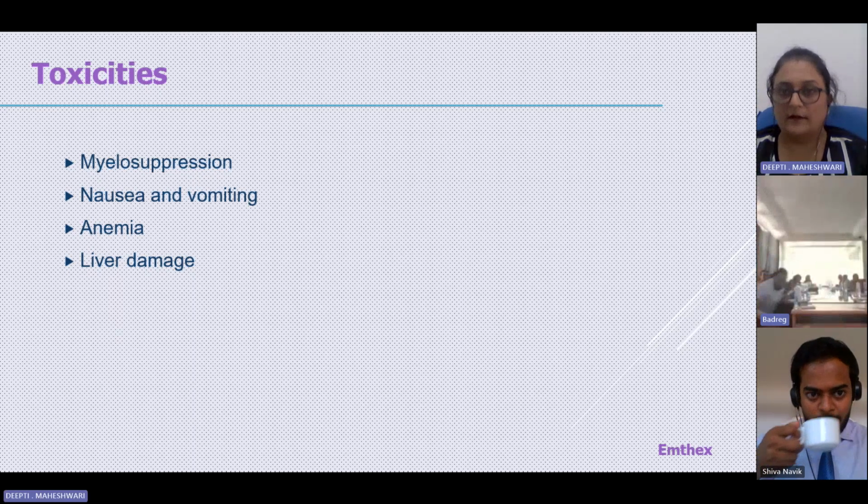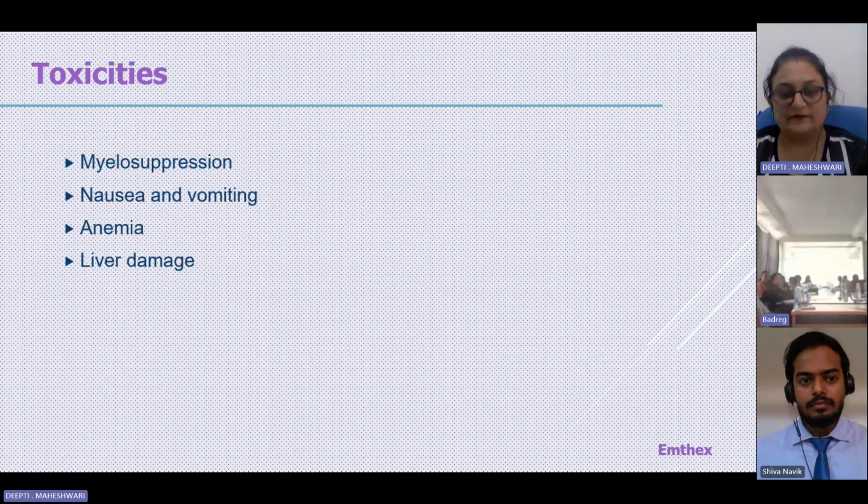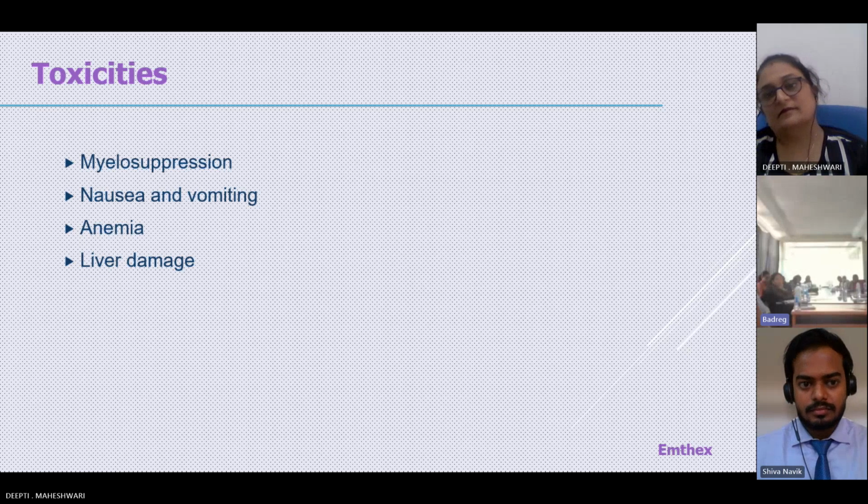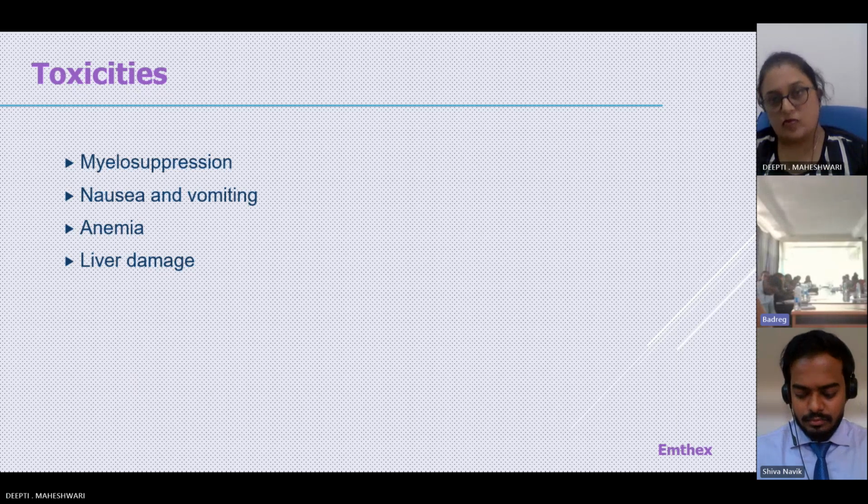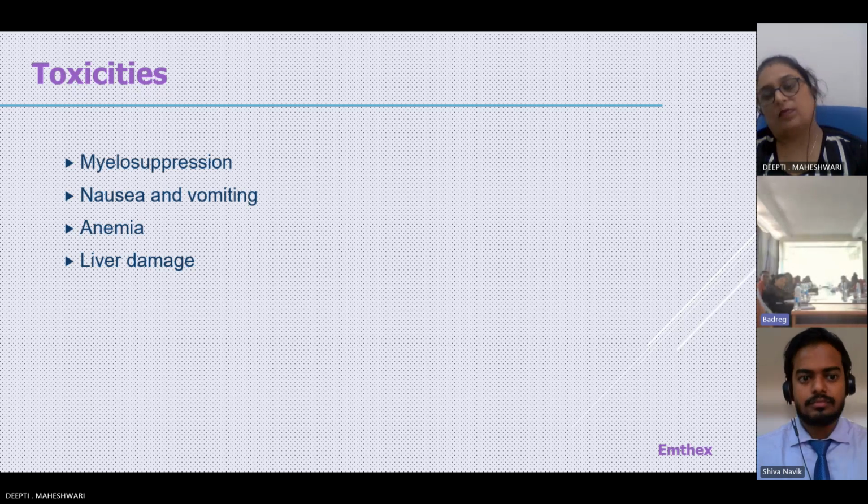Hello, this is Mir. Yes, Mir, tell me. So, you're asking how methotrexate causes myelosuppression, right? Yes. Myelosuppression is caused because bone marrow contains rapidly dividing cells, which mimic cancer cells. So methotrexate affects these rapidly dividing cells of bone marrow.